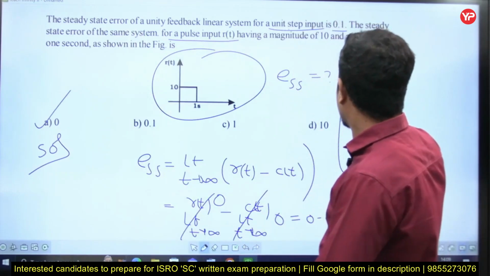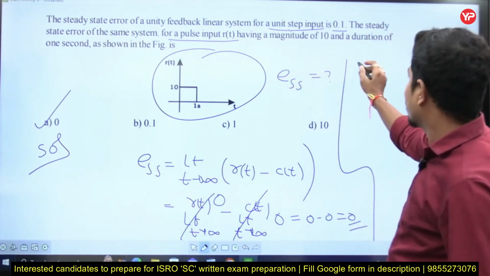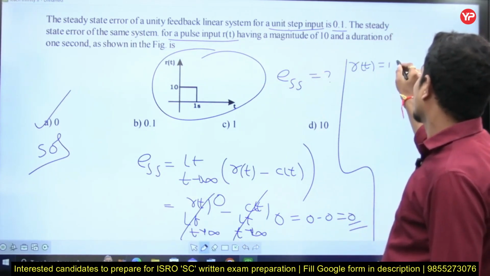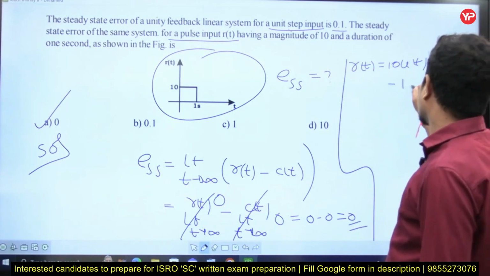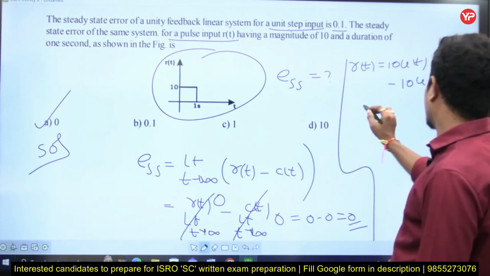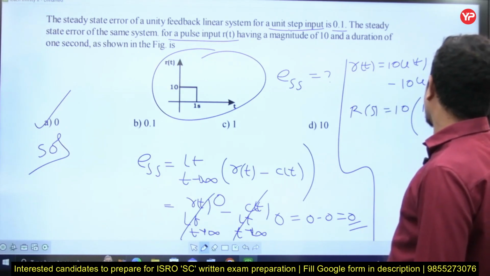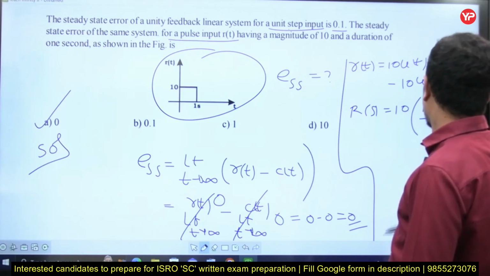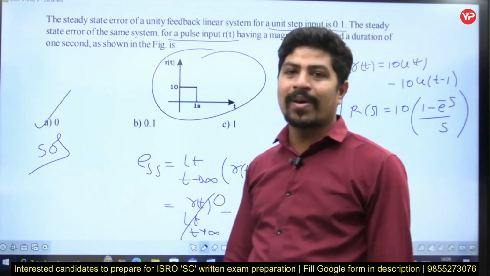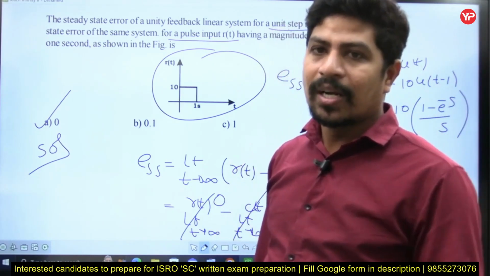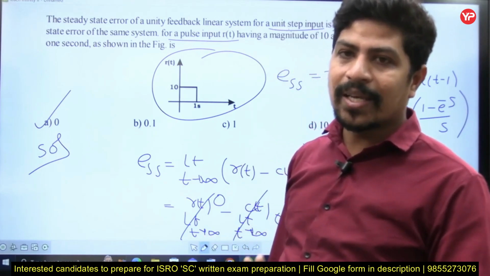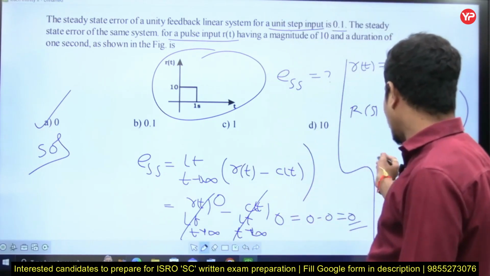Or otherwise, see that input R of t can be written as 10 into u of t minus 10 into u of t minus 1. So R of s is equal to, if I take 10 common, 10 into 1 minus e power minus s by s. Now, what is steady state error formula?